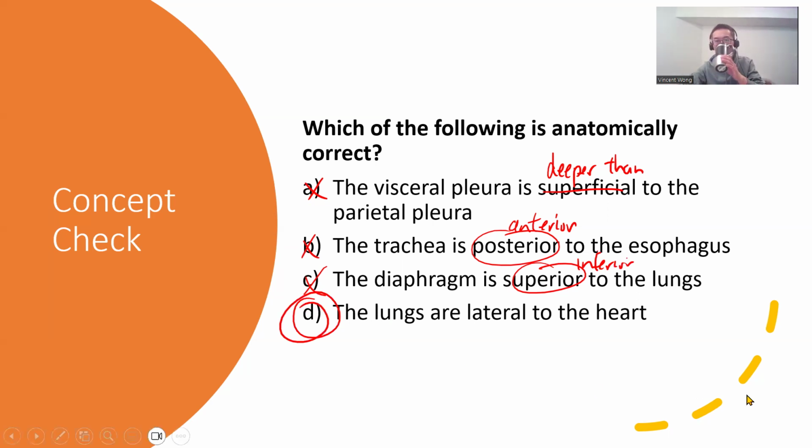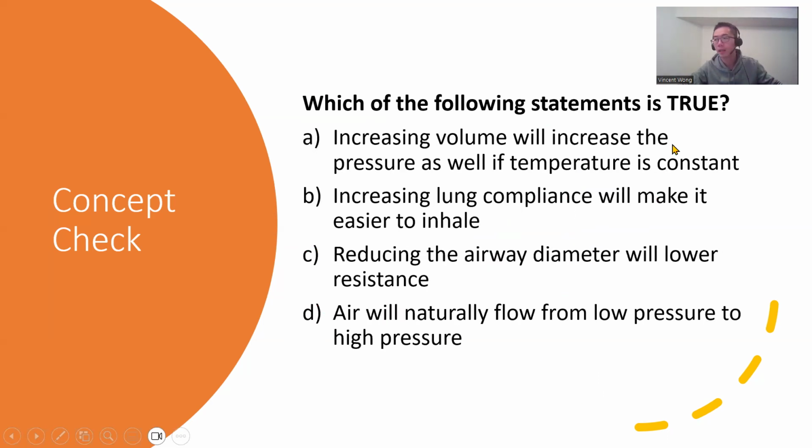All right. Which of the following statements is true? Increased volume will increase pressure as well if temperature is constant. Nope. Increased volume means decreased pressure if temperature is constant.